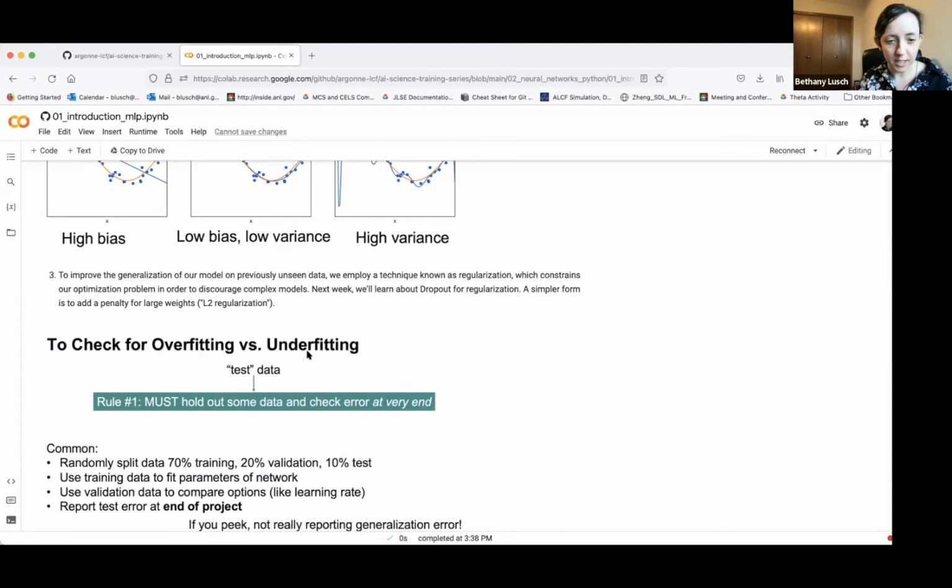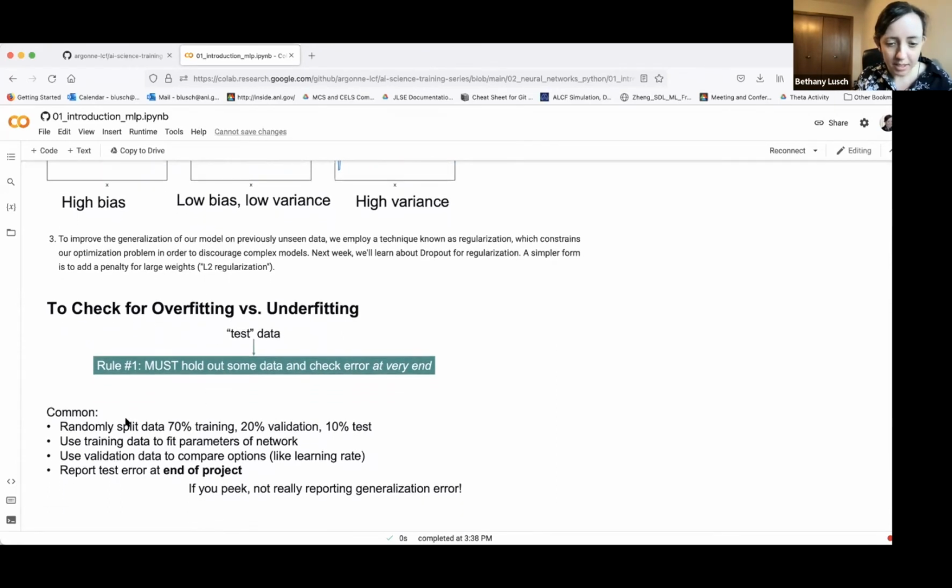You hold it out till the very end. And it's common to actually split your data into 3 sets: training, validation, and test. So for example, it could be 70%, 20%, 10%. This could depend on how much data you have. You use the training data for that gradient descent process of fitting the parameters.